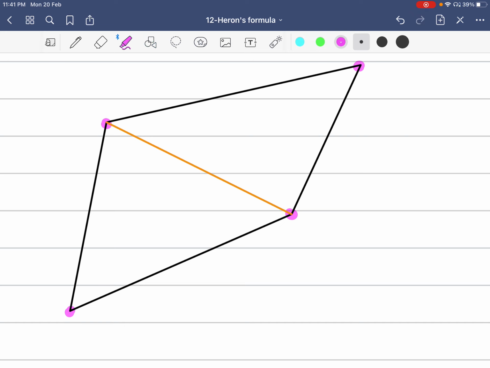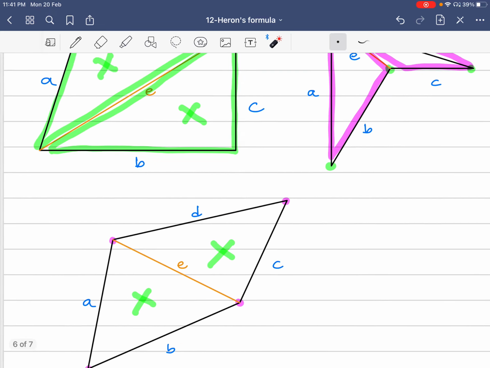As you can very clearly see in this diagram, this is triangle number 1, this is triangle number 2. All we need is the length of these sides. So this is A, this is B, let's say this is C, let's say this is D, and let's say this newly constructed line is E. And now we have lengths of all the sides of these two triangles. You can easily find the area of triangle number 1 and triangle number 2 using Heron's formula, and then add the areas. So again, quite simple.